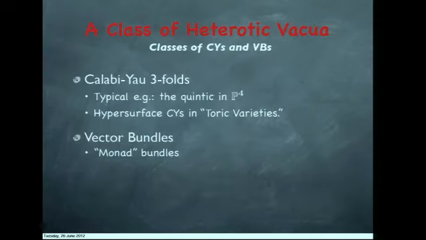Now, before starting any systematic scan or systematic model building, we should first decide which classes of Calabi-Yaus and vector bundles we want to deal with. As for the Calabi-Yau threefolds, a prototypical construction is the quintic hypersurface in P4, which actually has a natural generalization to the class of hypersurface Calabi-Yau threefolds in toric varieties.